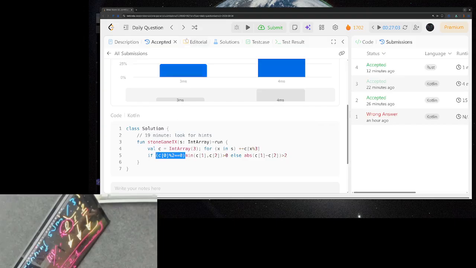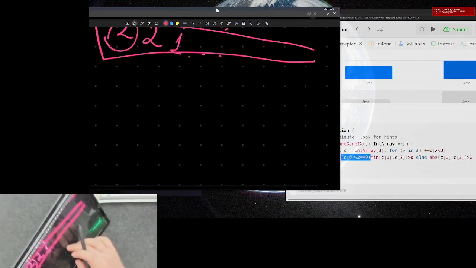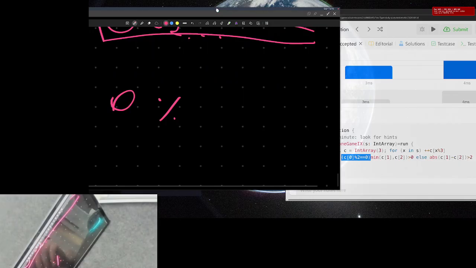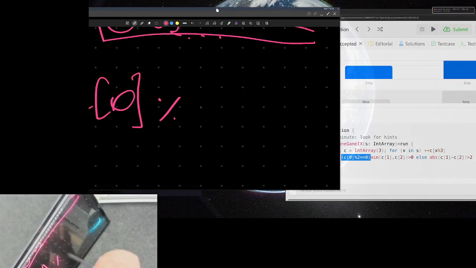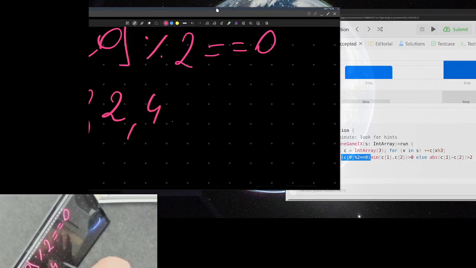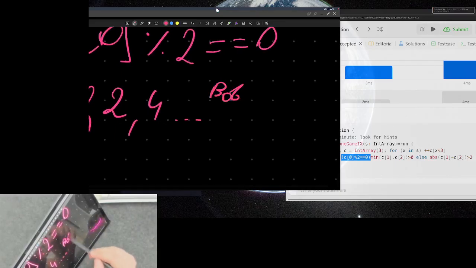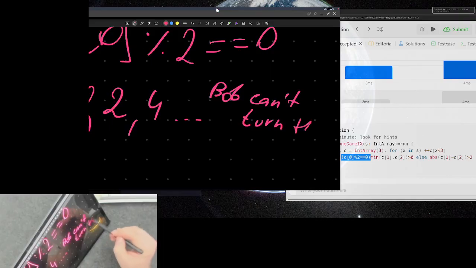If we have an even number of flippers, so basically if the zero count divisible by 2 equals 0, meaning we have 0, 2, 4, and so on flippers, that means Bob can't turn the game.